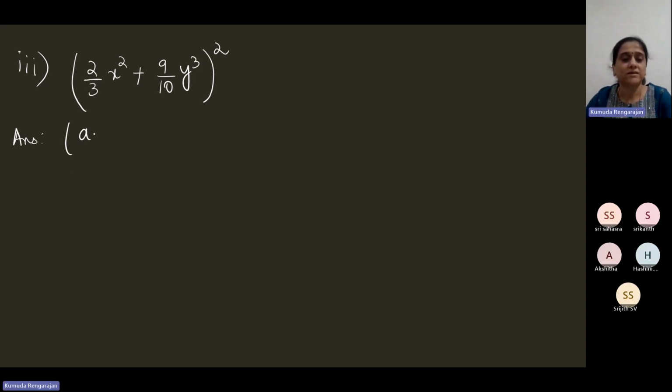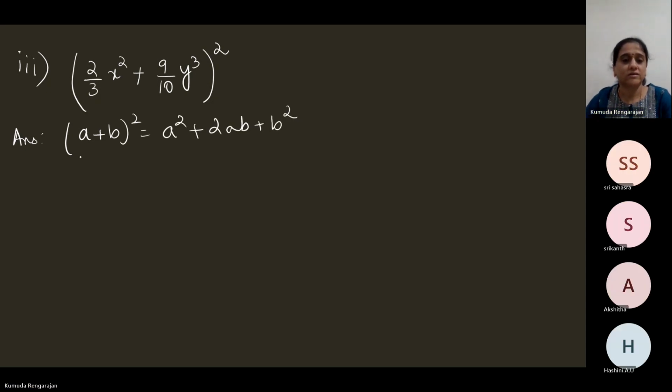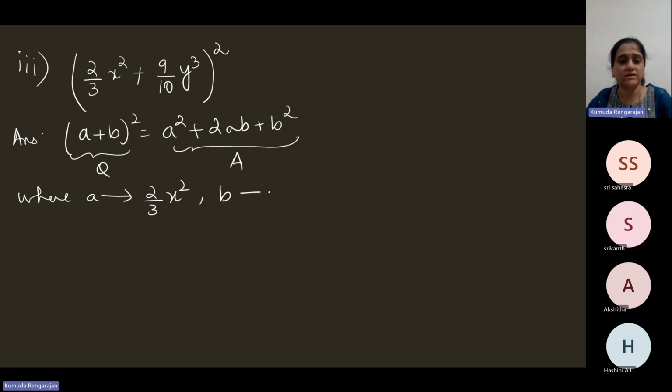Okay. (a plus b) the whole squared is equal to a squared plus 2ab plus b squared. This part is the question. So this is the answer, where a is 2 by 3 x squared and b is 9 by 10 y cubed.